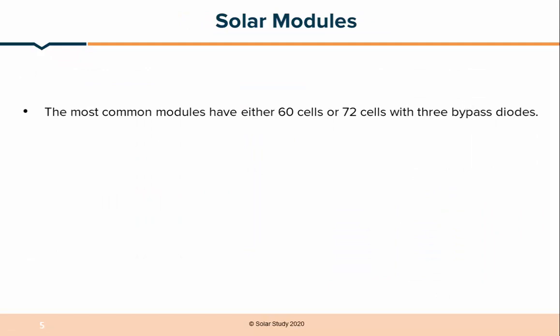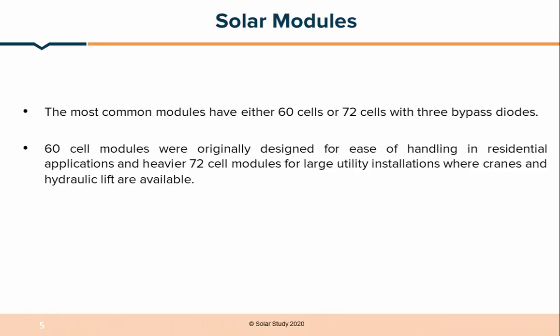Next. So most modules have either 60 cells or 72 cells with 3 bypass diodes in them. These 60-cell modules are designed for residential applications and 72-cell modules are used for high-energy power plants, such as hydraulic lifts that consume much more power.